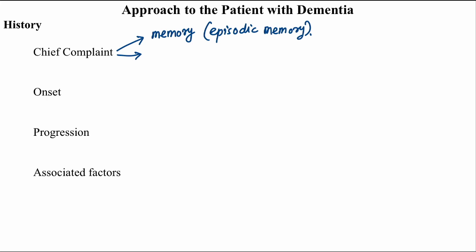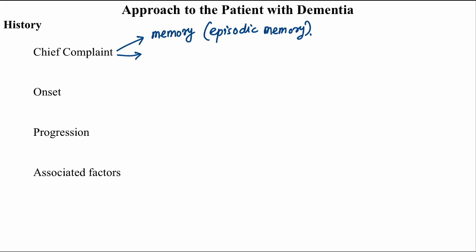When is the birthday of his children, what is the name of his children. So he may forget, he may lose these important events in his memory. This is called episodic memory.